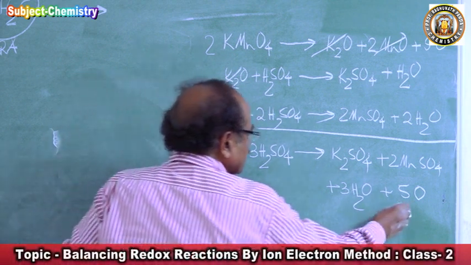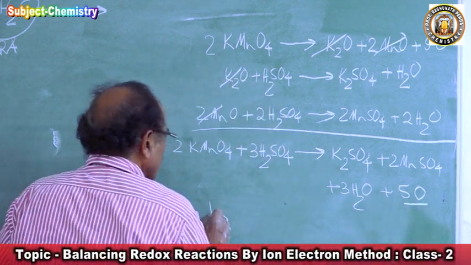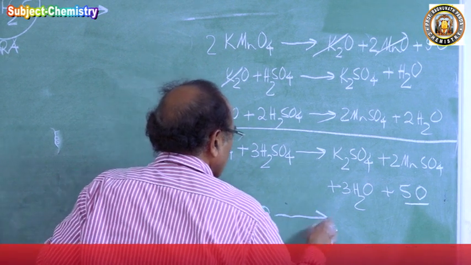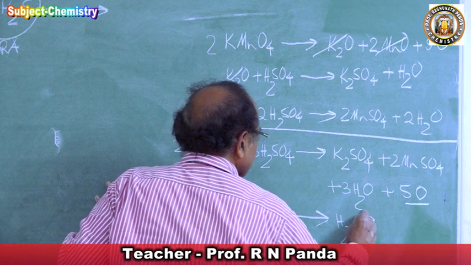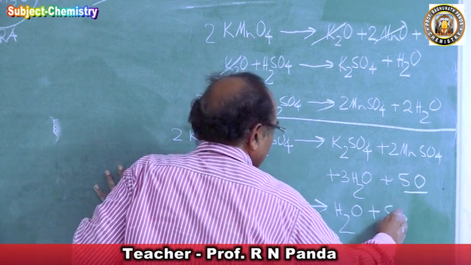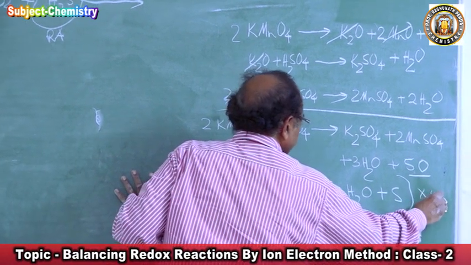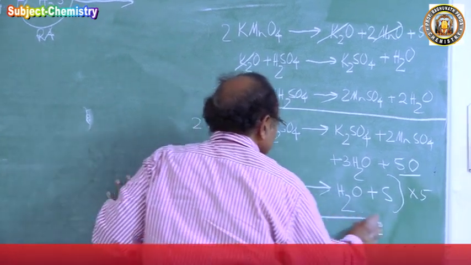Then what is happening? This O will now react with whom? H2S plus O will form H2O plus sulfur. And for 5O, we multiply this equation by 5, and we add the equations now.